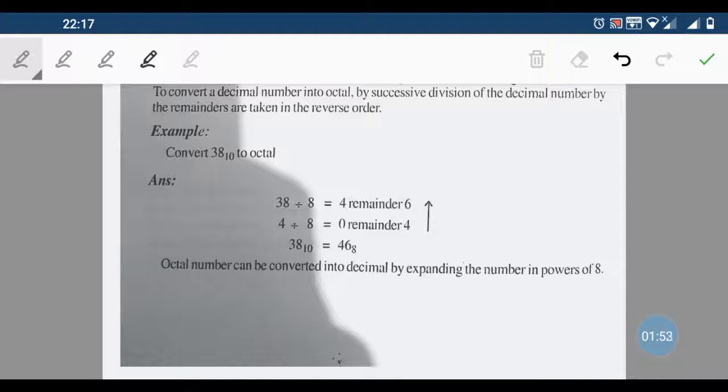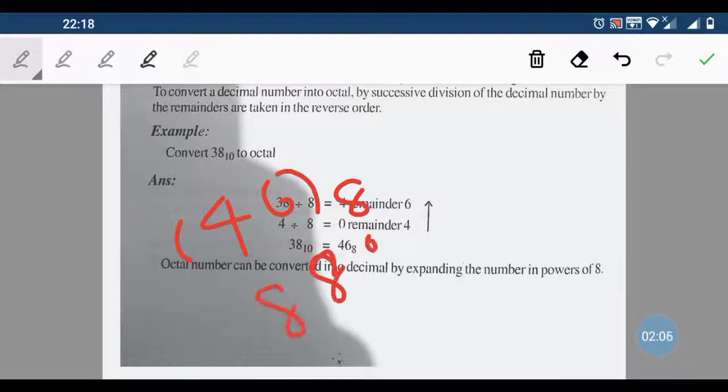And in the reverse manner, suppose we want to express the number 46 to the base 8 in decimal representation. The place value here is 8 raised to 0, and here it is 8 raised to 1.